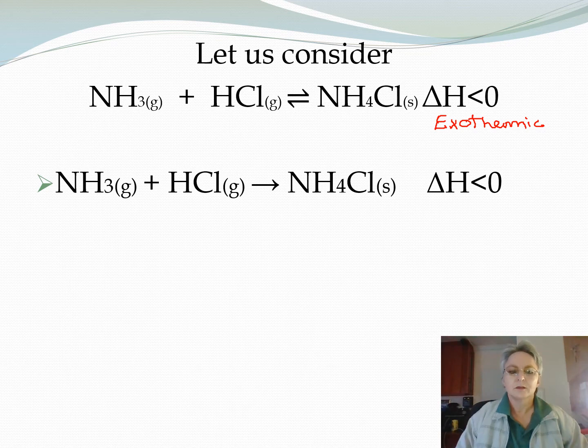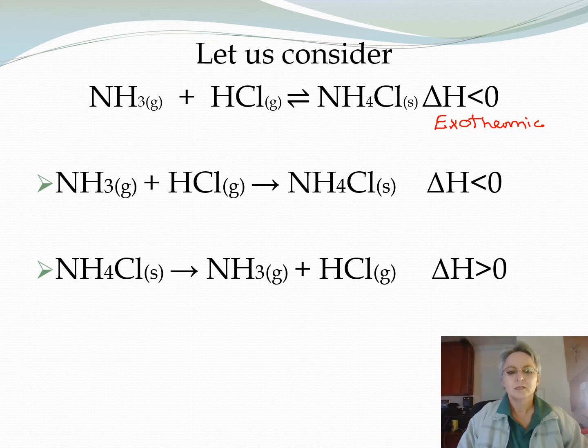So the ammonia part plus the hydrogen chloride part making ammonium chloride, that reaction is exothermic, whereas if we take ammonium chloride, we'll have to put some fire below it to decompose into ammonia and hydrogen chloride.